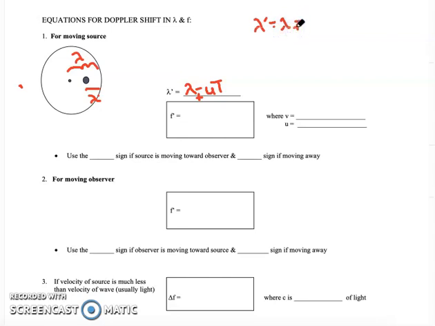Again, minus for heading towards you, plus for away from you, period. Now we know period is 1 over frequency, so this becomes lambda prime equals lambda minus plus, oh, there should be a u here, sorry, u times 1 over f.